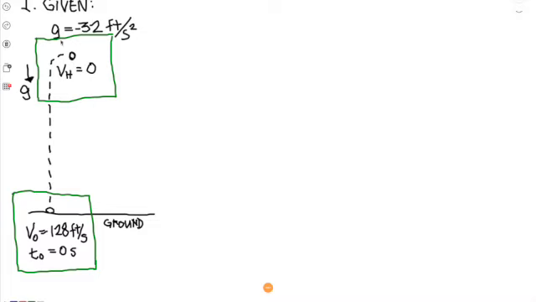At that instant, we pause it, we take the measurements, and we know that the velocity at the highest point would be 0 feet per second. If you didn't understand that, just try to rewind it for the explanation. But we also don't know the time, right?